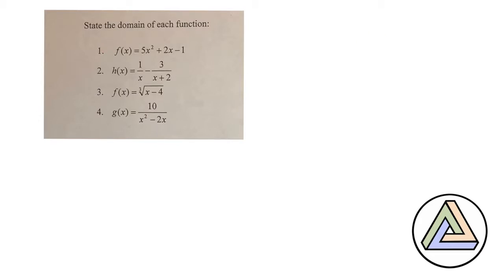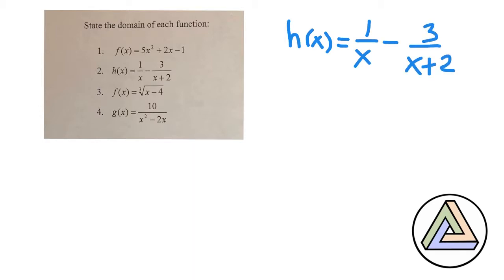All right, so looking at number 2, h of x equals 1 over x minus 3 over x plus 2. I'm actually going to write that right now. This is a clear case where the x is present in the denominator of the function, here and here.